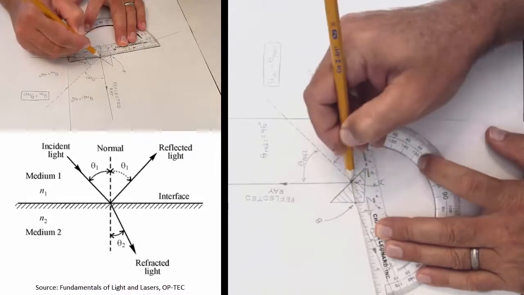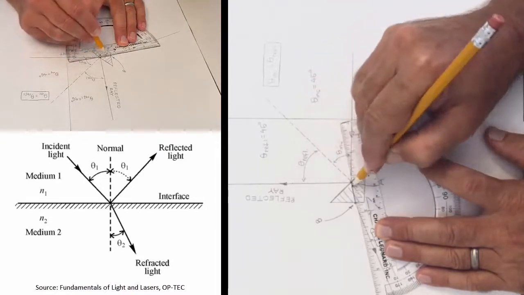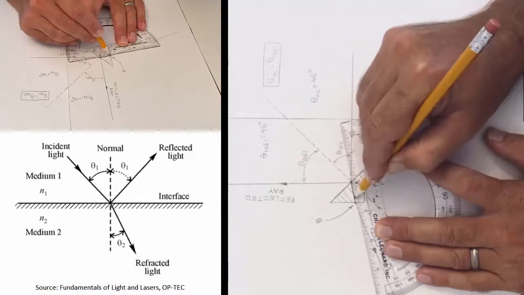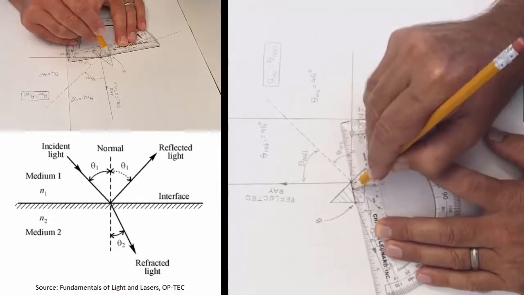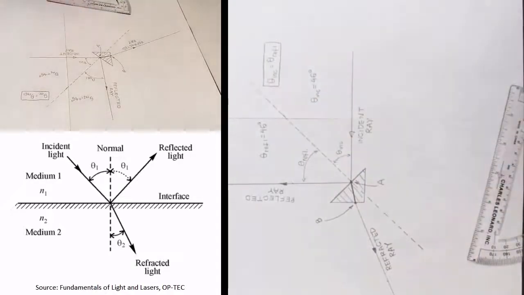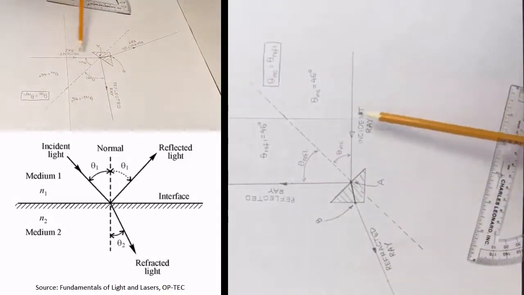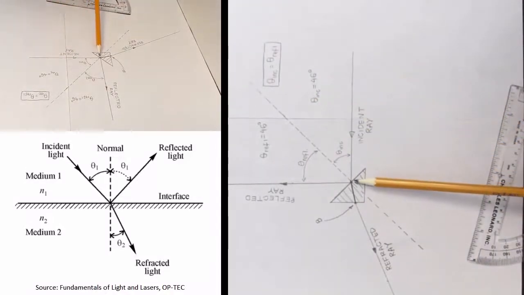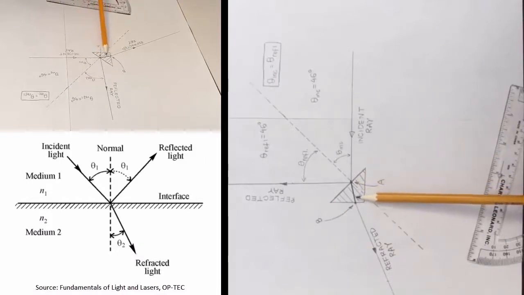So I'm going to make it a little thicker here to kind of emphasize this direction. So again, the incident light ray is hitting the prism at the point A, and then it's being bent or refracted along this line here to the prism. That would be our primary refracted ray.